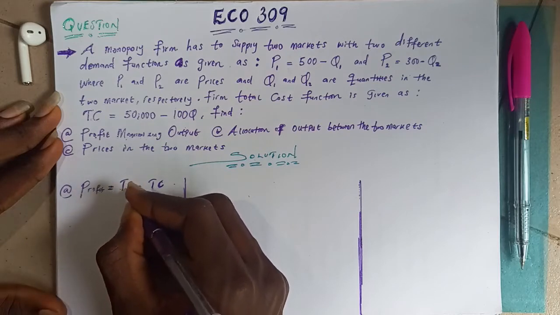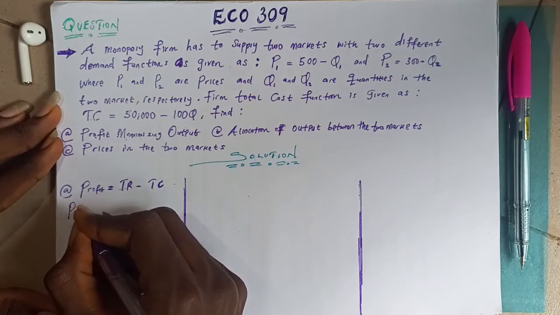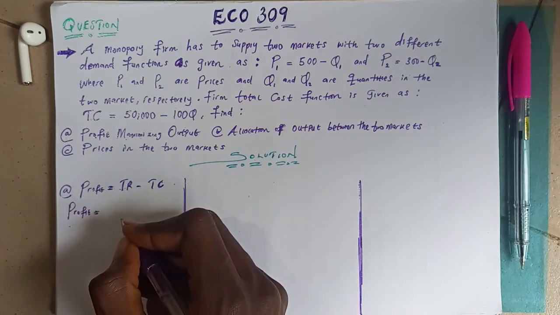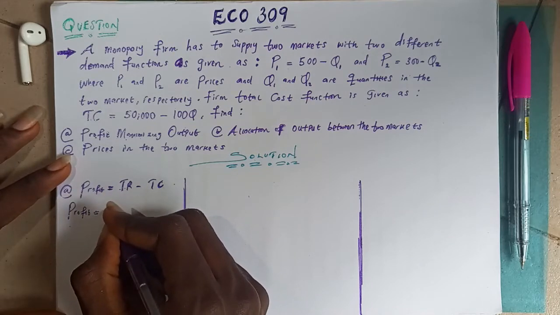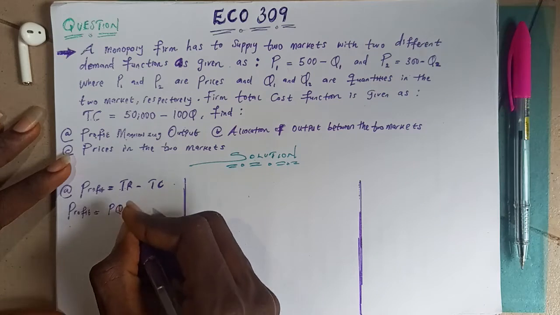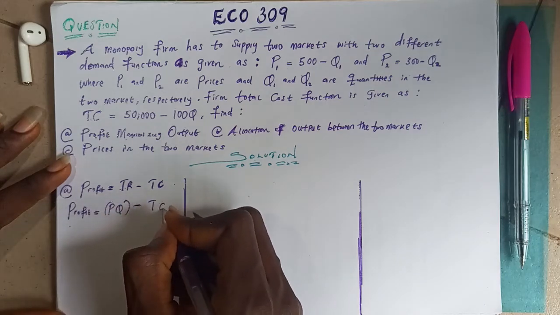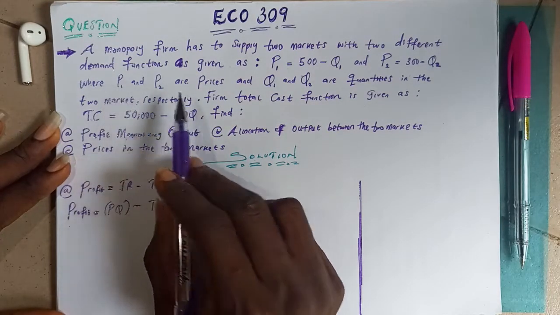You can easily compute total revenue using the price times the quantity sold. That is the formula for total revenue, then minus the total cost. Now take note, we have two prices, price 1 and price 2.